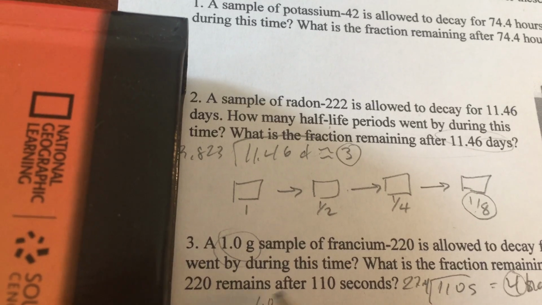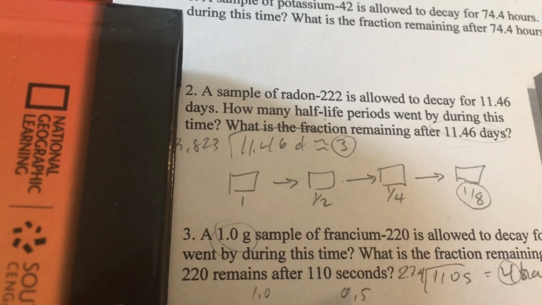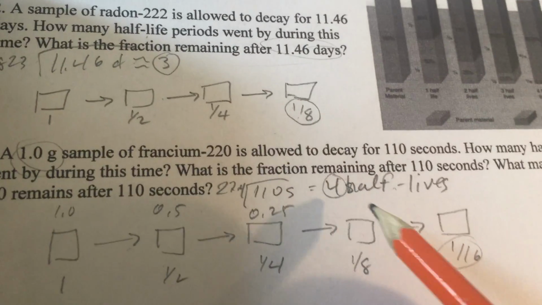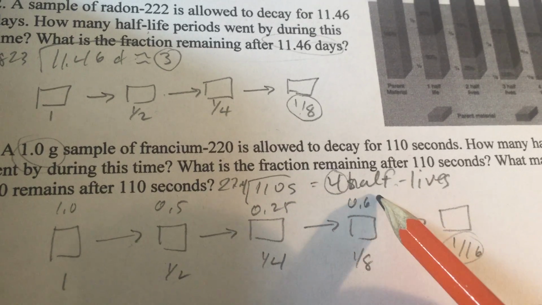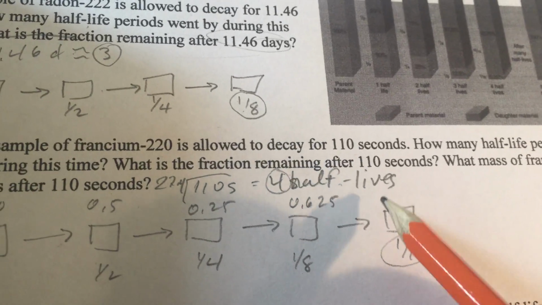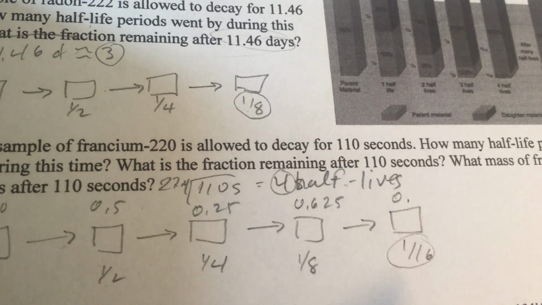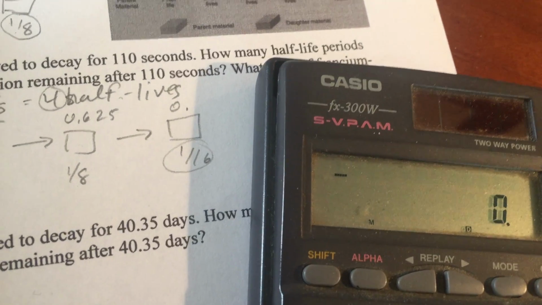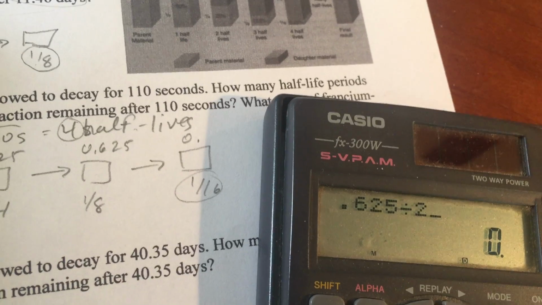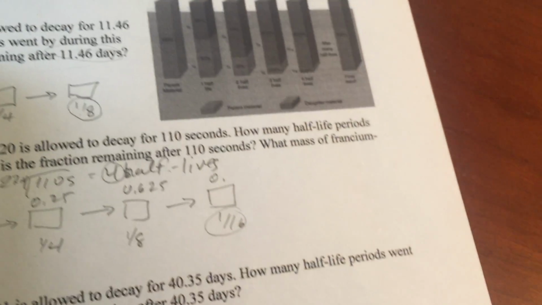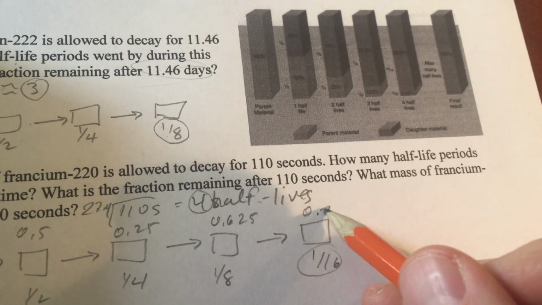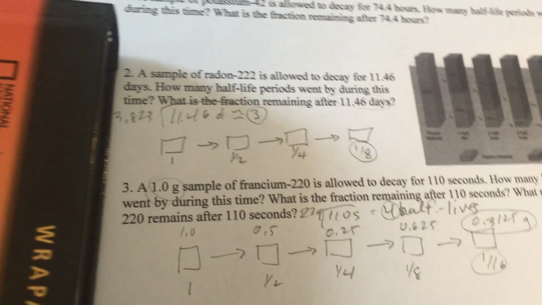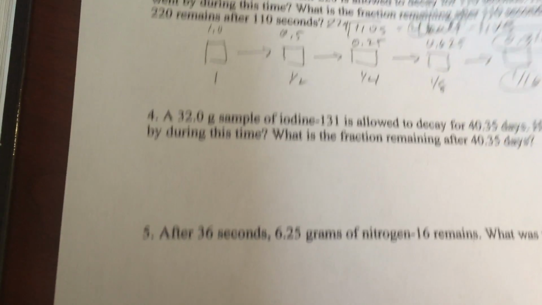So if this is 1 gram, this is a half a gram, this is a quarter gram, half of 0.25 is 0.125, and half of that is... Let's check that. 0.125 divided by 2, 0.0625 grams. Okay? Basically breaking that down by half each time.